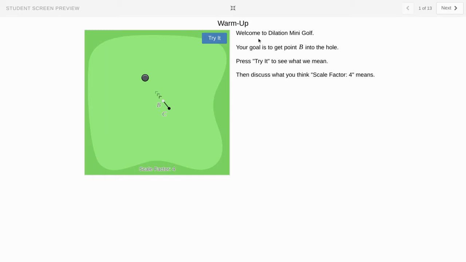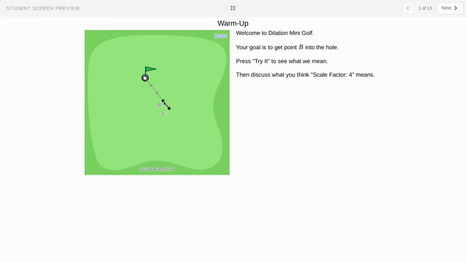It says, welcome to Dilation Mini Golf. Your goal is to get point B into the hole. So if we try that, we get point B into the hole. Then it says, discuss what you think scale factor of 4 means.